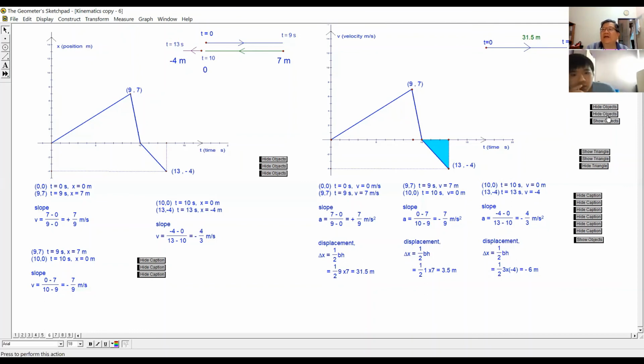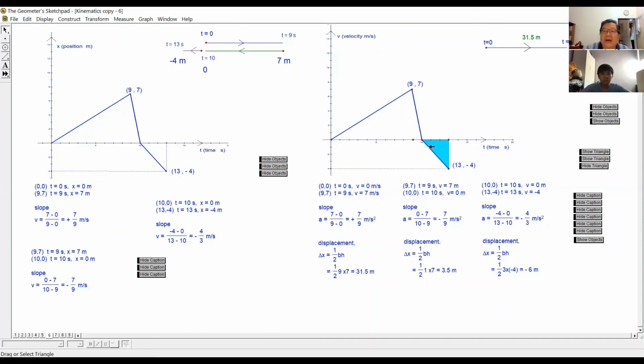Then during the second part of the journey, from the 9th second to the 10th second, although it is slowing down, it is still moving, so there will be a distance covered. That comes in the form of difference in position: 3.5 meters. It means that it will travel a further 3.5 meters. Okay or not?